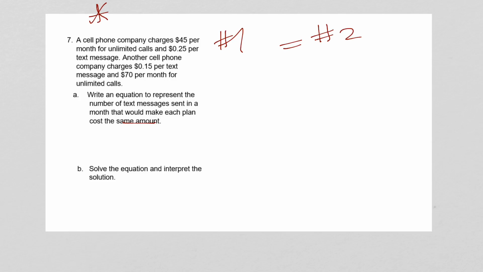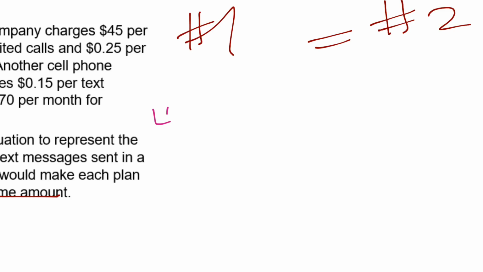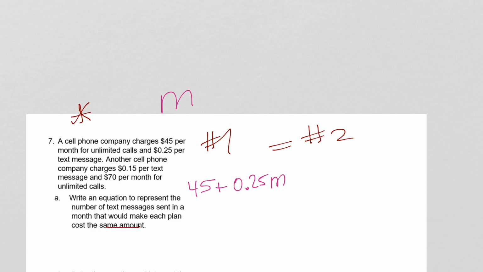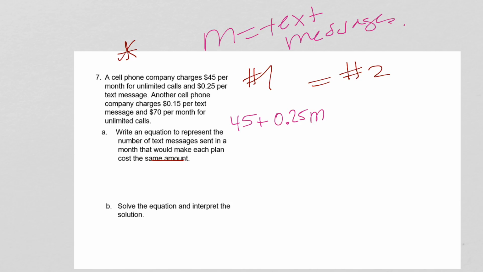Company number 1 charges $45 per month plus 25 cents per text message, where I'm going to let m equal the number of text messages. The reason why 25 cents gets the variable is because you want to figure out how many text messages need to be sent. So the one that has text messages gets the variable.